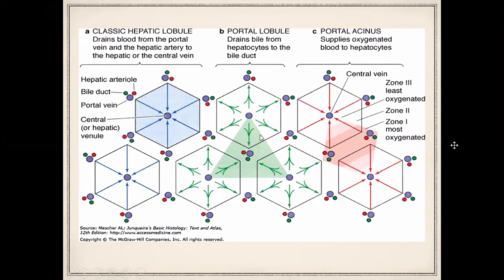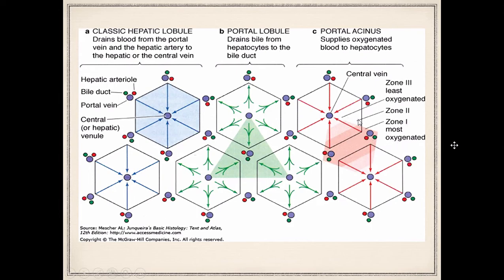Now, this one, the portal acinus, supplies oxygenated blood to hepatocytes. Now, there are three zones. Zone 1 is mostly oxygenated.